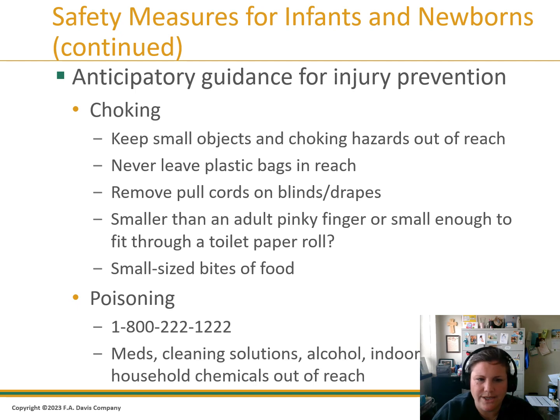In terms of choking, make sure to keep all choking hazards, small objects, out of reach. Make sure that you cut up food into bite-sized pieces. Foods that can be very dangerous and may need to be avoided in the first couple of years are things like hot dogs, grapes, raw carrots, peanuts, popcorn, chips, even the tiniest chip.